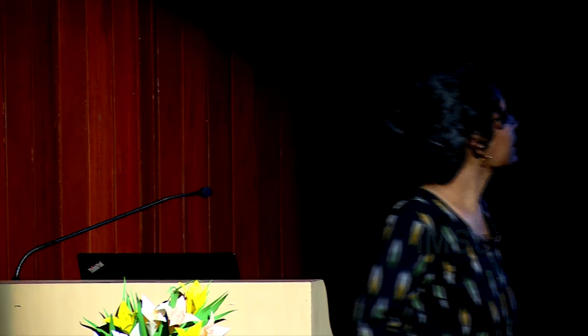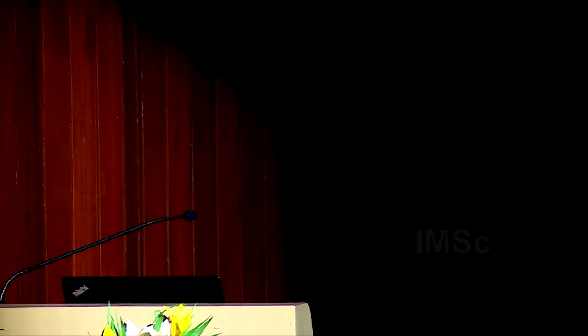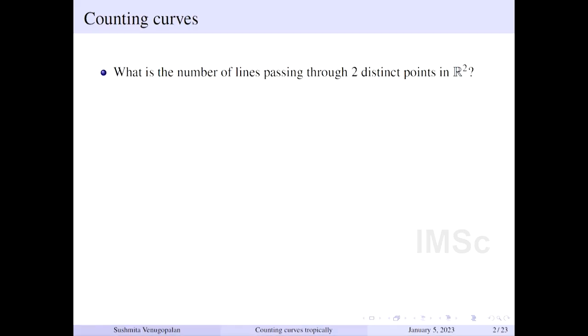Let me start by asking the only question in this talk which you can answer. If I give you two distinct points in R2, the plane, how many lines are there through the two points? So it's one line, right?